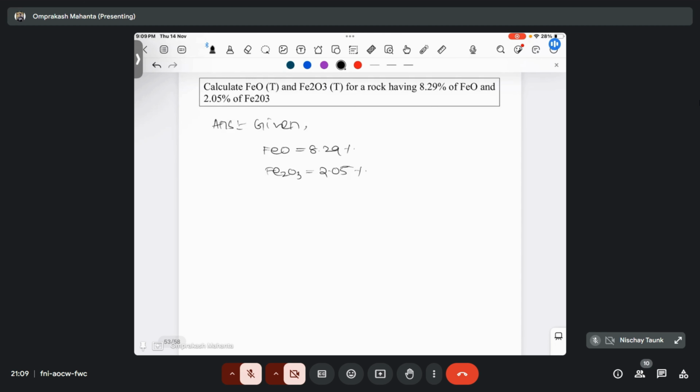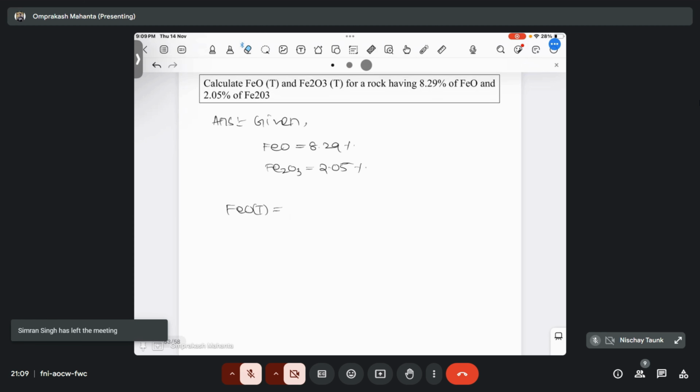For FeO total you need Fe2O3, and for Fe2O3 total you need FeO. So what is the formula of FeO total? First write the weight percentage of Fe2O3 plus weight percentage of FeO into the conversion factor.